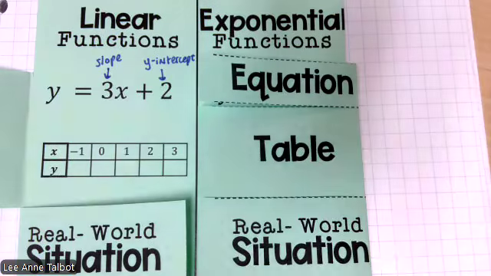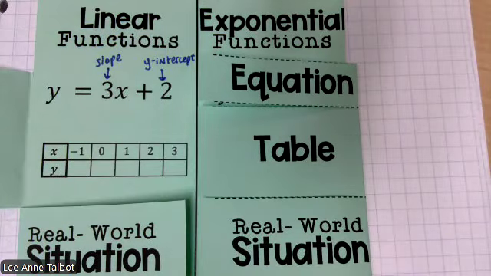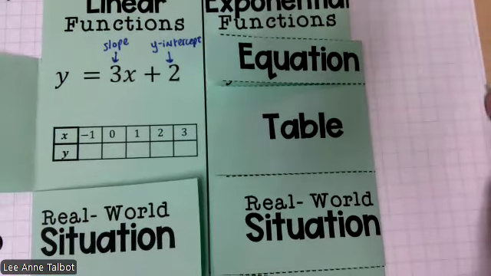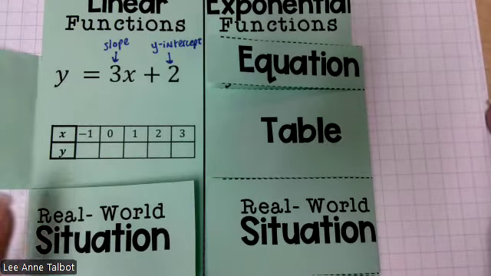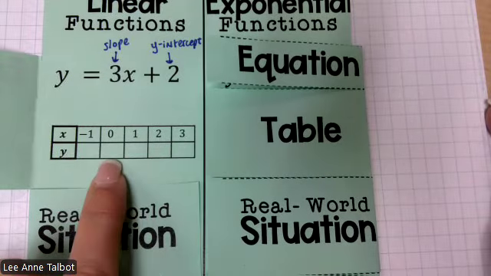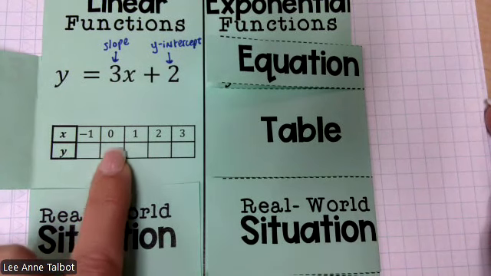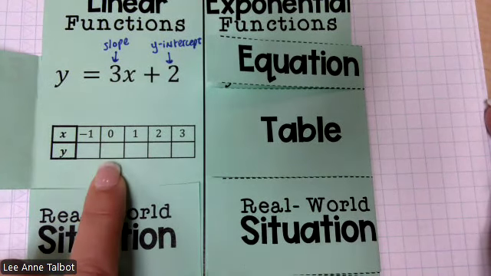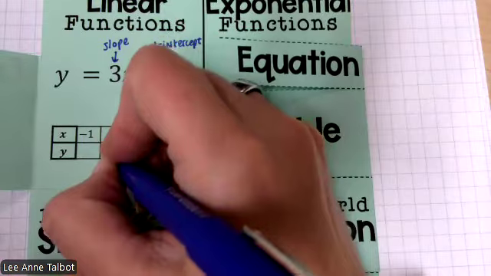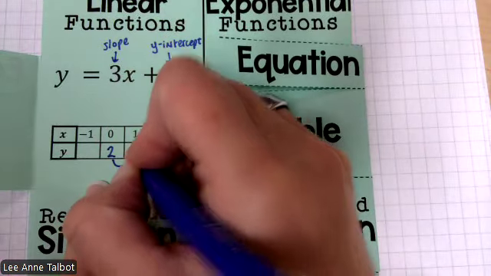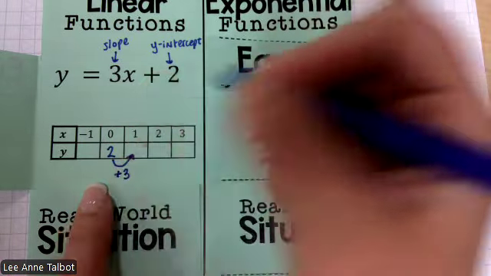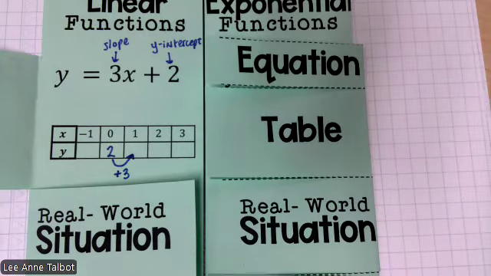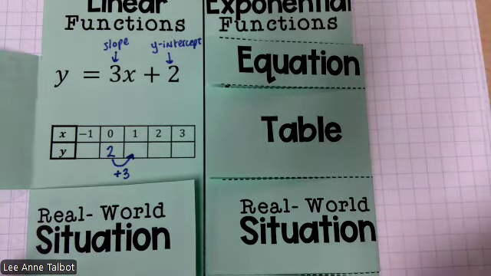Okay, now we're gonna fill in the table. We're gonna start with this box. What number goes here in my table? 2. Great. Okay, and then put your little Amazon arrow underneath and show that growth of +3 each time.